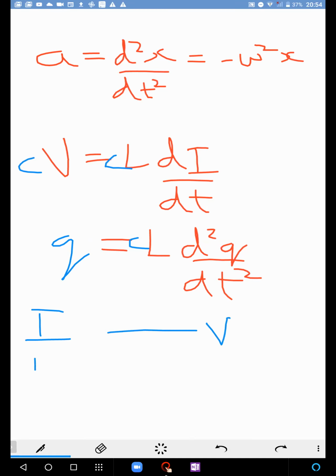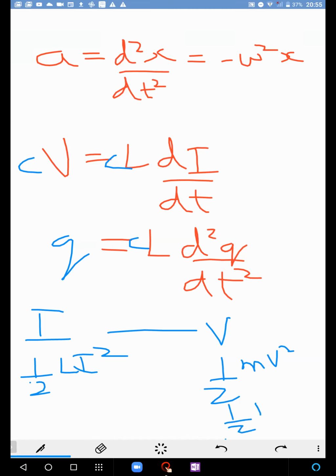SHM में kinetic energy is half mv square, that behaves as, v is current, so that behaves like the energy in the inductor. So there is that parallelism. X is like Q, V is like I, kinetic energy is like magnetic field का energy.